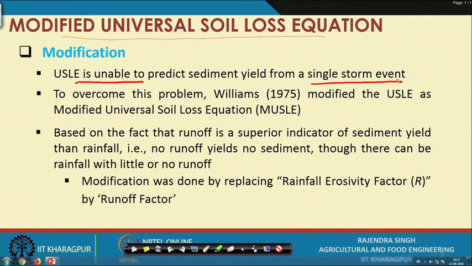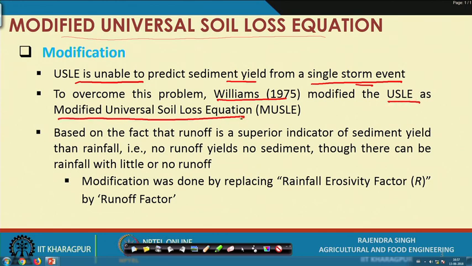To overcome this problem, that using USLE we cannot estimate sediment yield from a single event, Williams in 1975 modified USLE, and the name given is modified universal soil loss equation, or MUSLE.